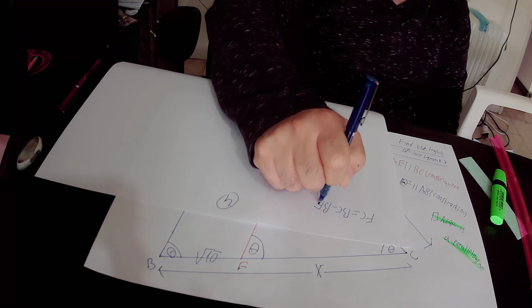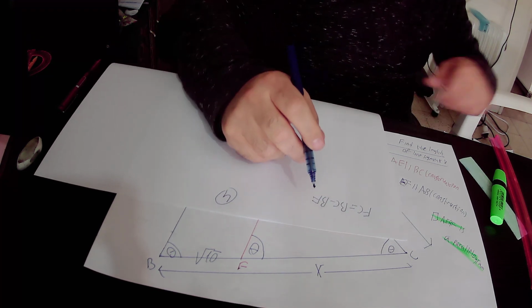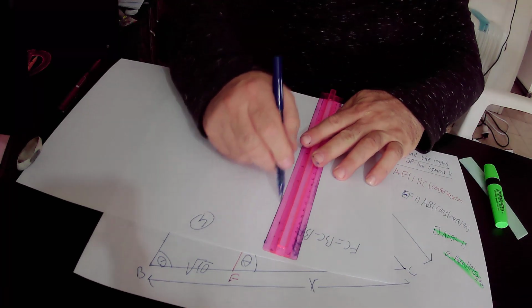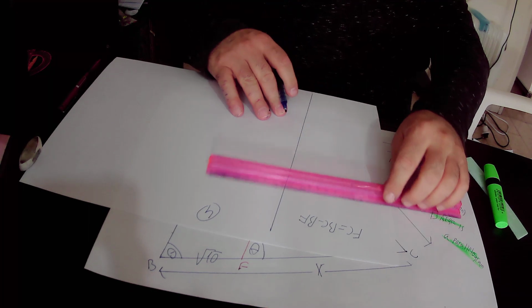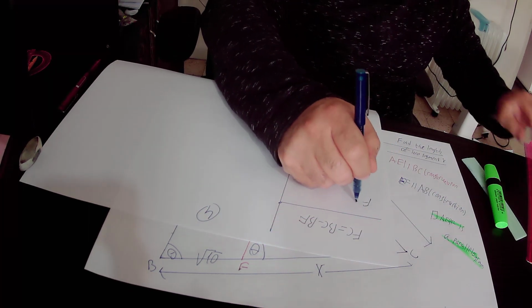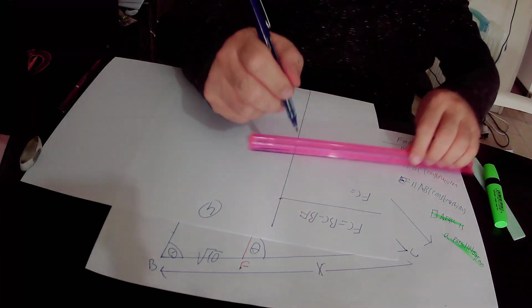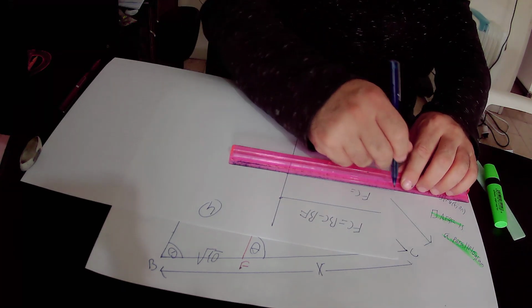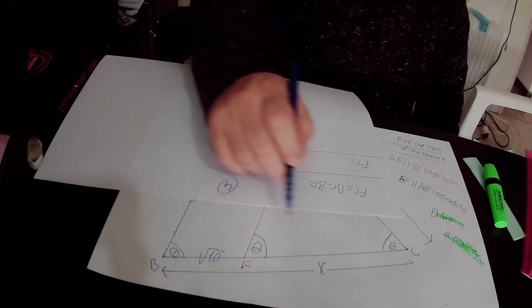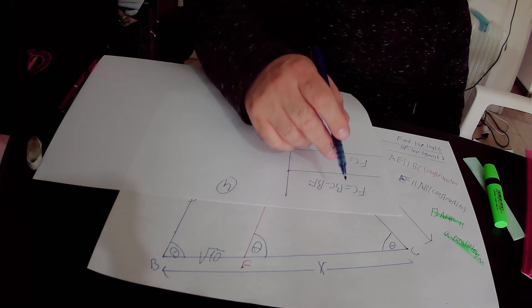We see it easily from the drawing. So FC equals BC, and BC equals x according to what is given in the question.